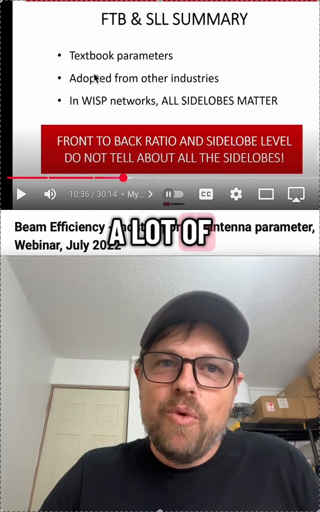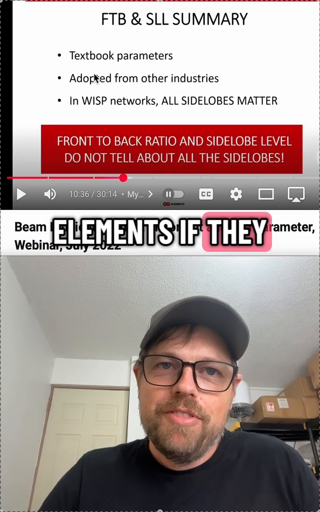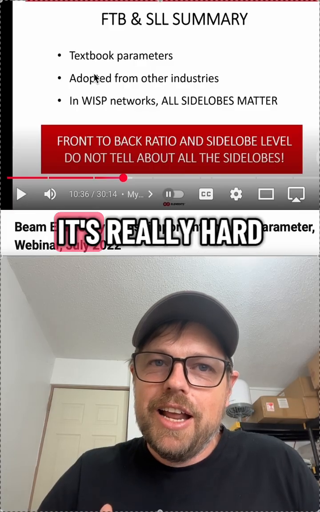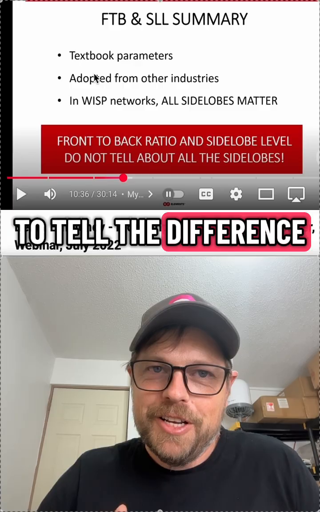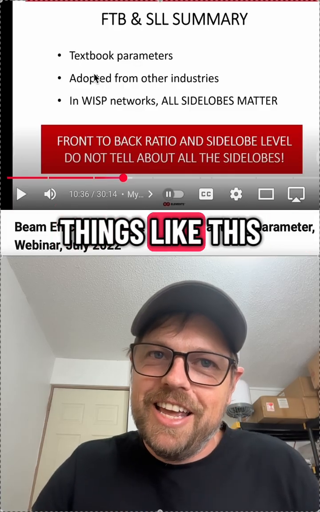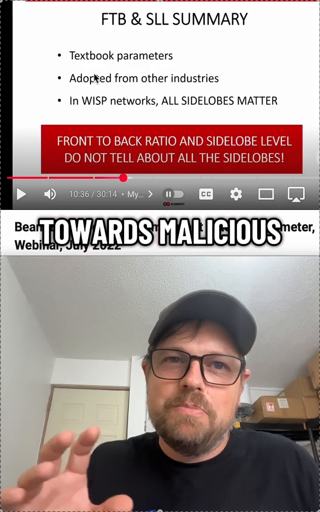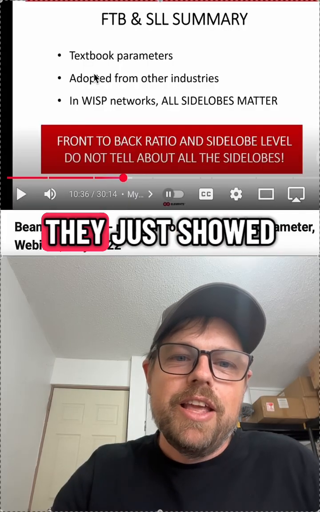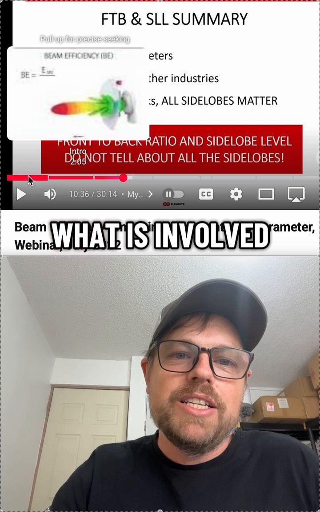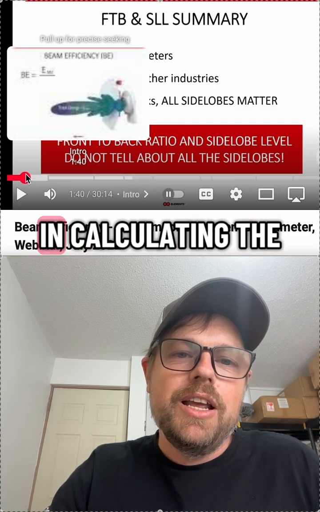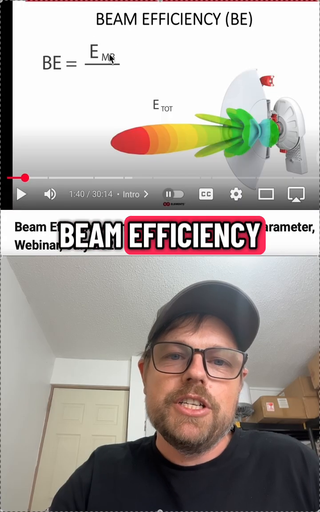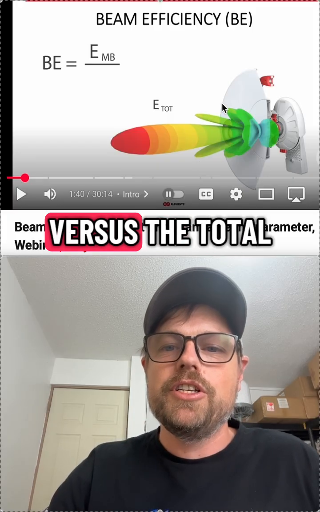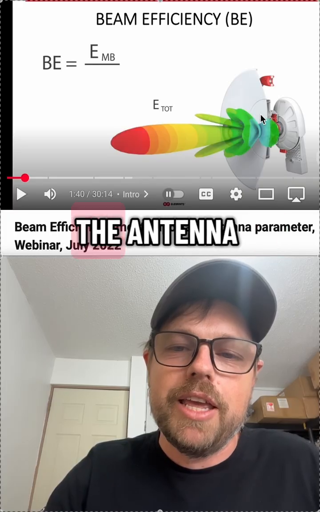A lot of times I wonder about RF Elements if they are incompetent or if they're malicious. It's really hard to tell the difference, but when I hear things like this, I really tend towards malicious. There's no way he could actually believe that. They just showed us what is involved in calculating the beam efficiency. It's simply a ratio of the energy in the main lobe versus the total energy radiated by the antenna.